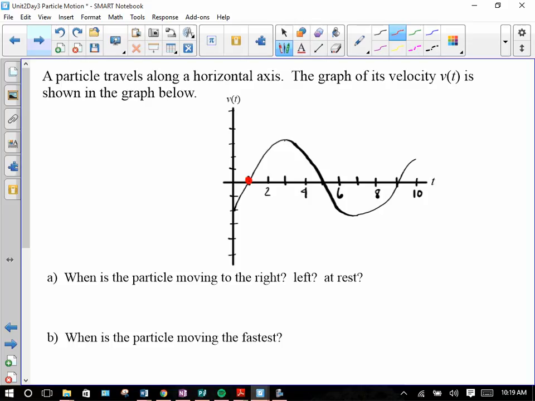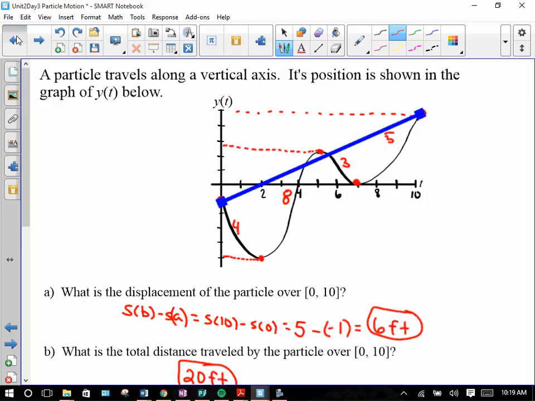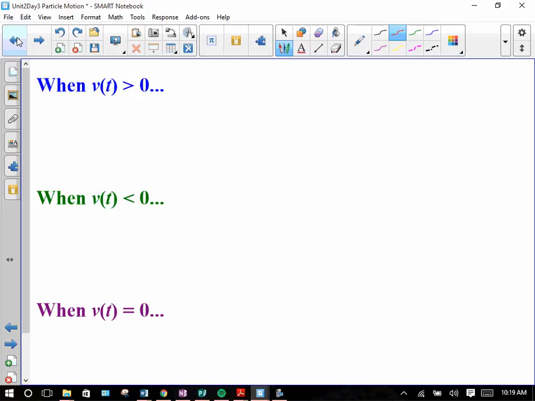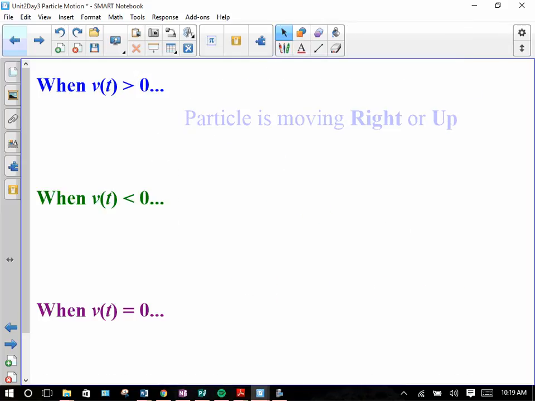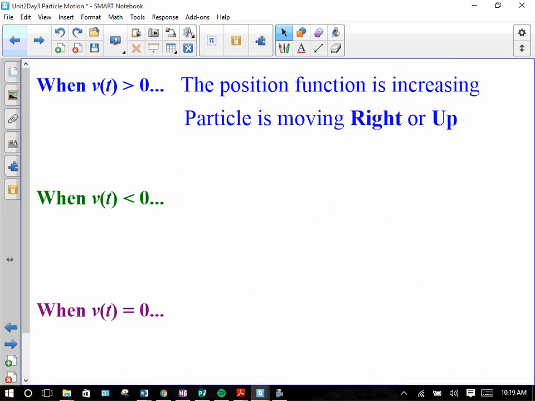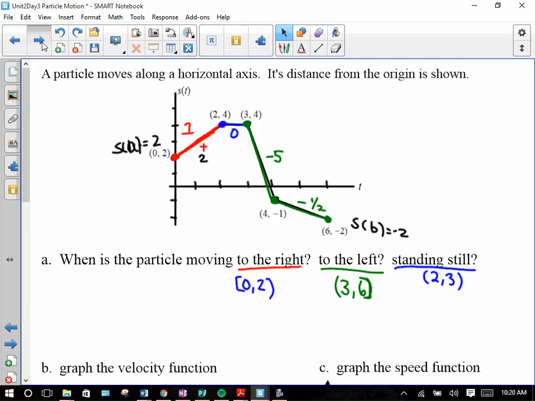This is not our position function. This is our velocity. So the question is, when is the particle moving to the right? We know that the particle is moving right or up when the velocity function is positive. Right?